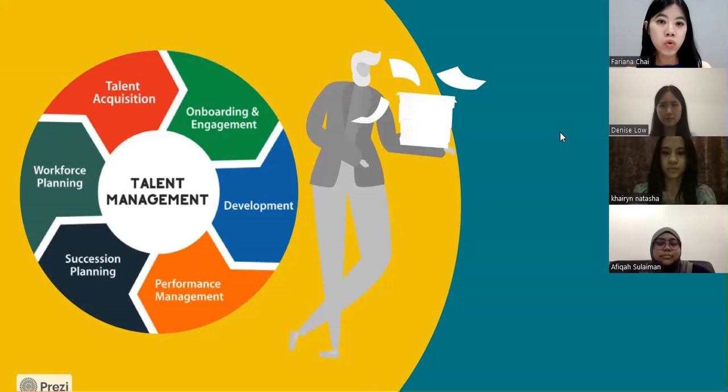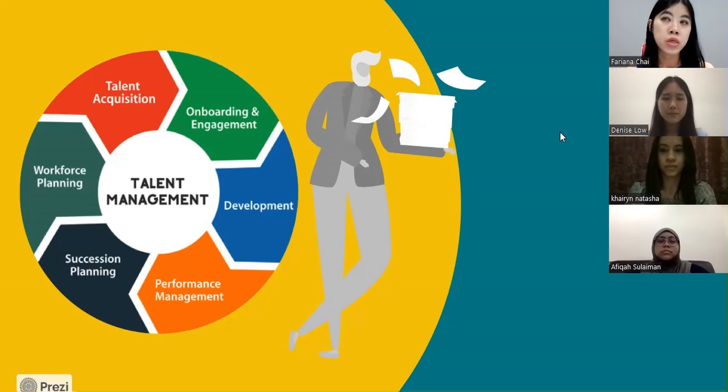Then development, where the organization provides training and development to employees to support their careers. Then performance management, which is to review their performance. And then succession planning, which is to create a plan for the next step of the employee's future, for example, retirement or career advancement.